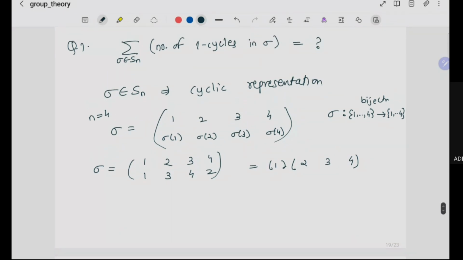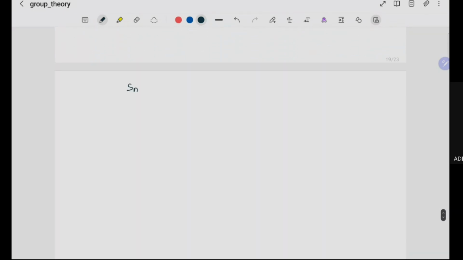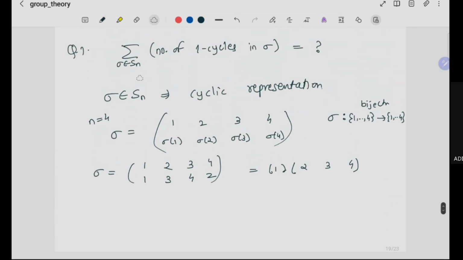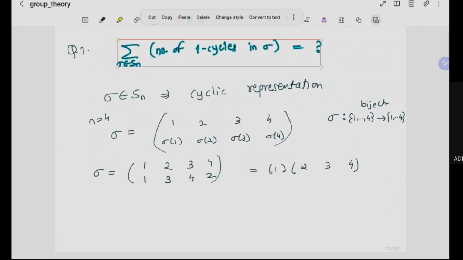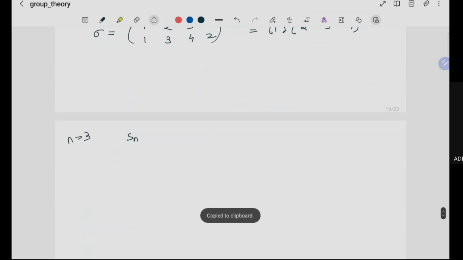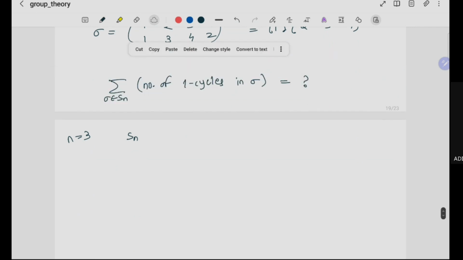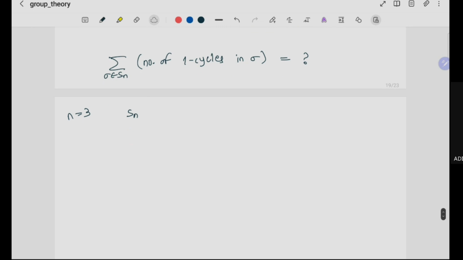So let us take Sn with n to be 3, and let us understand what this question is. It says number of one cycles in sigma. So all the elements of sigma, how are they?